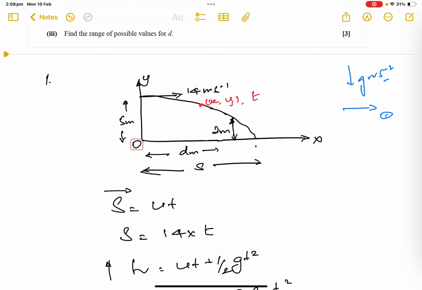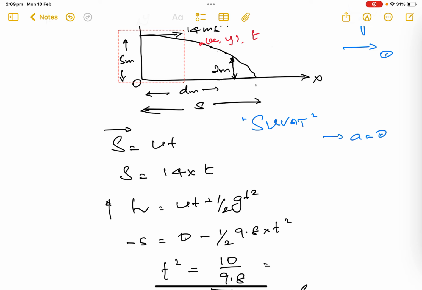So you just use the SUVAT equations. Horizontally, there is no acceleration, so we can ignore it. s equals ut. So this s is a distance or displacement, u is the initial velocity, t is time. So s equals 14t.